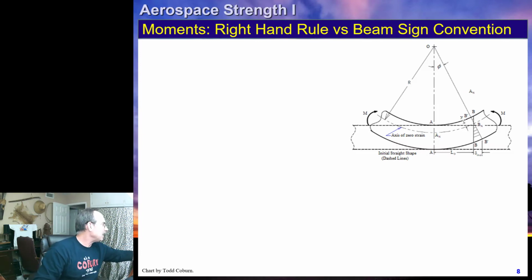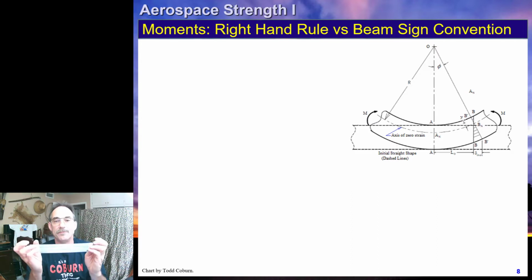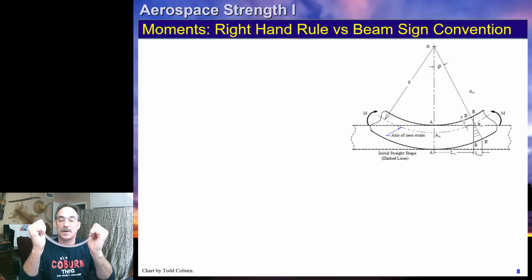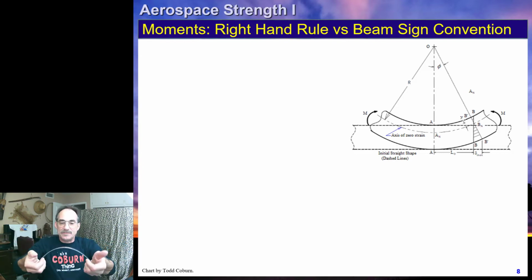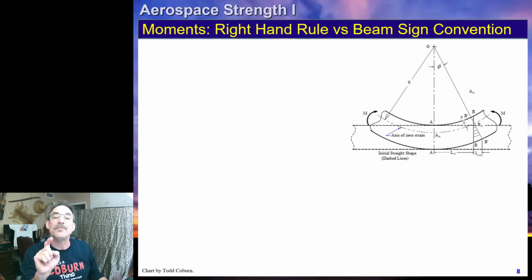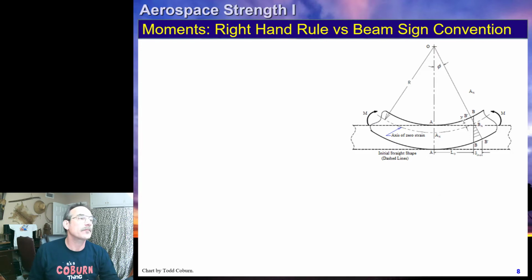If it's going into smiley face bending, then it is a positive bending moment. This is a positive beam sign convention because of smiley face bending. This is a negative beam sign convention because it's a frowny face moment. See the difference? Smiley face, frowny face. Make sure you understand that. That may be different than right-hand rule sign convention. We're going to see why now.